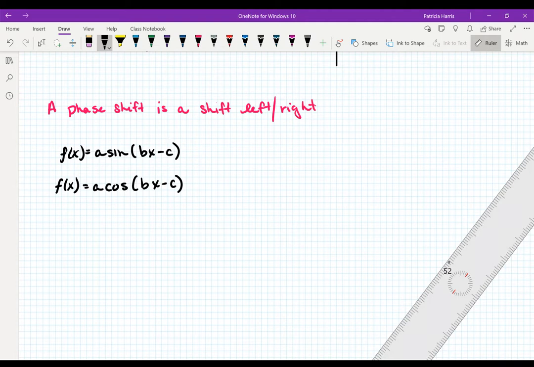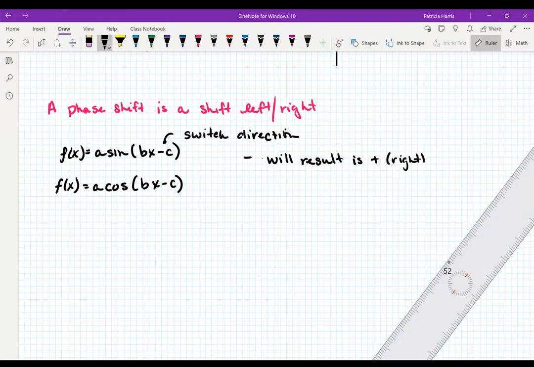Now the negative in here means that you switch directions. You always go opposite. So it's just like a parabola, if you can remember that far back. It was a long time ago, wasn't it? All right. So a negative will result in a positive or right phase shift.